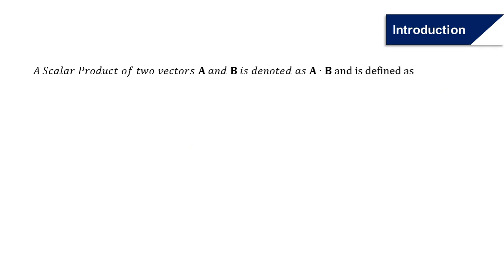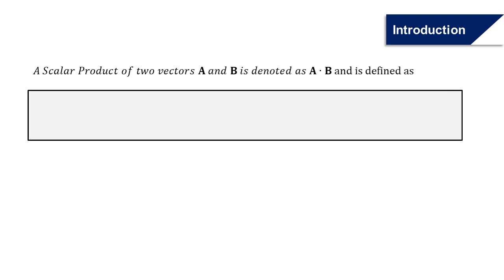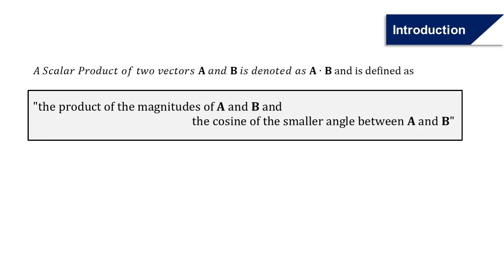So, as an introduction, let us define a scalar product. A scalar product of two vectors, vector A and vector B, is denoted as A dot B and is defined as the product of the magnitudes of vectors A and B and the cosine of the smaller angle between vectors A and B. So if we are going to represent it mathematically, ganito yung itsura niya.